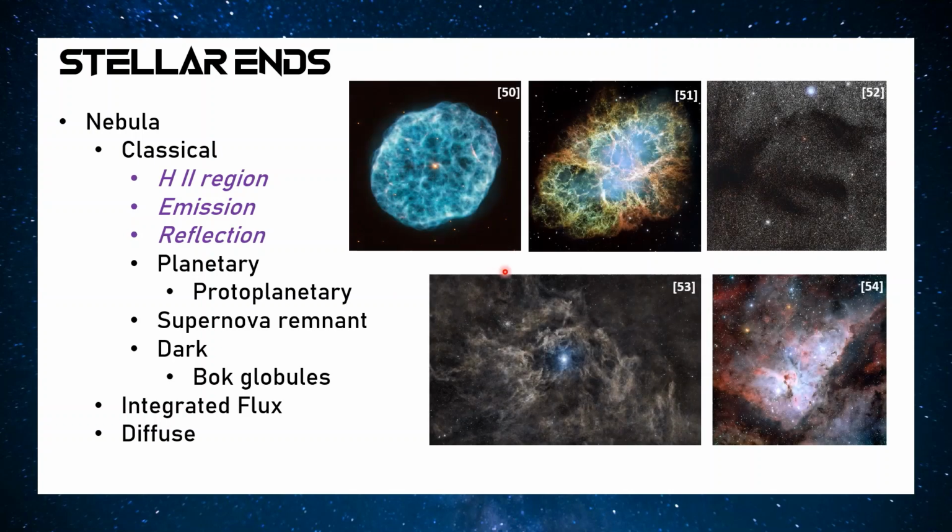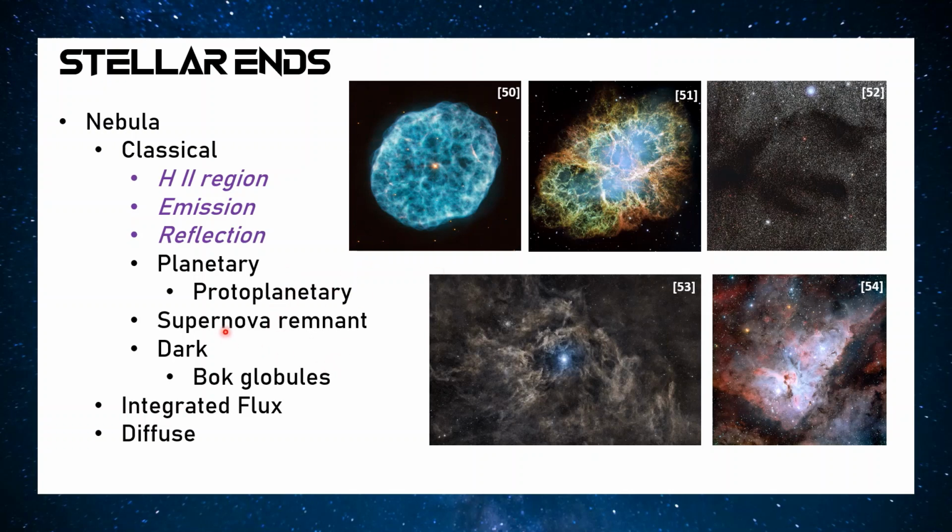So there are planetary nebulas. These are remnants of the final stage of stellar evolution for mid-sized stars. They're essentially shells made of the outer layers of the red giant phase with a white dwarf in the center. An example here is the Oyster Nebula.